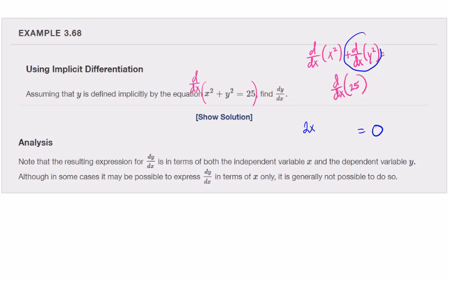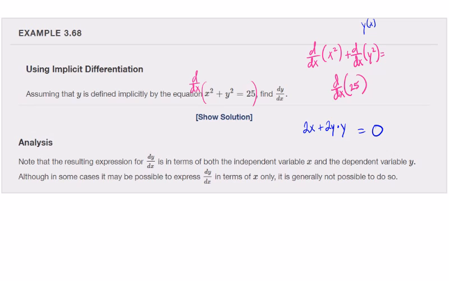This is where it's a little tricky, because we're taking the derivative with respect to x, but it's a y function. So we'll consider y as a function of x, and we'll take the derivative of the outer function, so what we'll get is 2y. But with the chain rule, we also have to take the derivative of the inner function, which is some function of x that we don't know exactly, but we can just say it's times y prime.